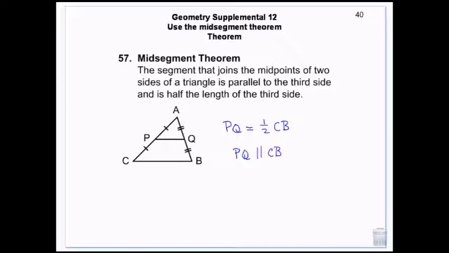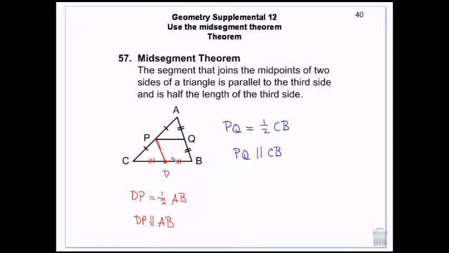Okay, so that's this one. Now, if I put a midpoint here, and say that these two sides are equal, and I call this like D or something, and I draw that line, DP would be 1/2 of AB, and DP would be parallel to AB.